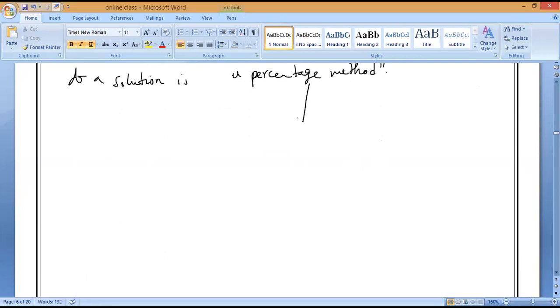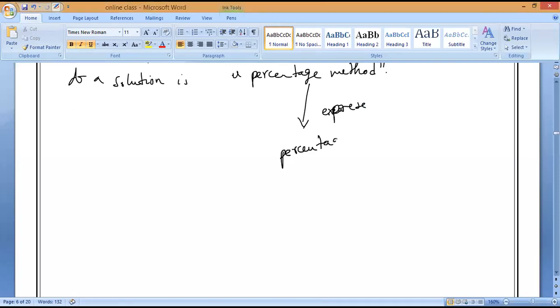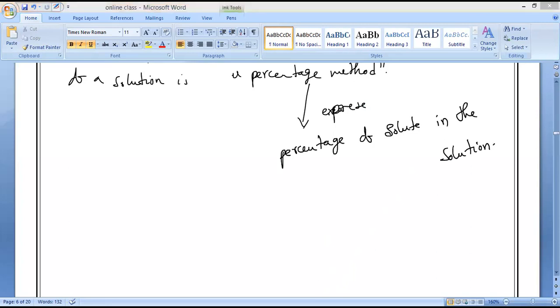So what will the percentage method express? The percentage of solute present in the solution, not the solvent. So this percentage of solution can be expressed in two ways. What are they? Can anybody tell me?